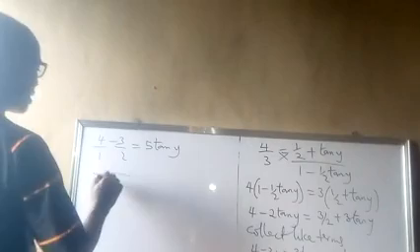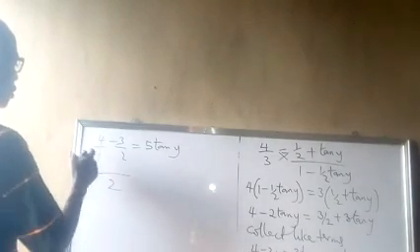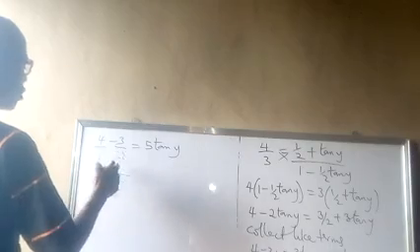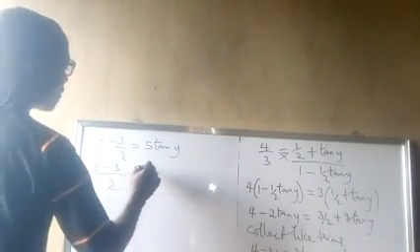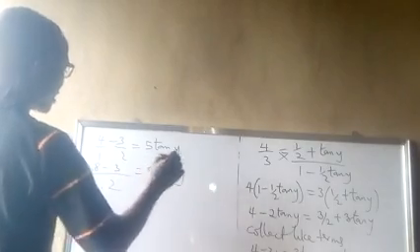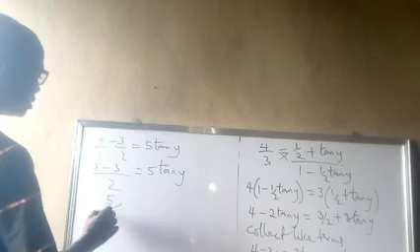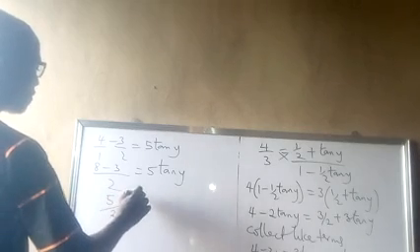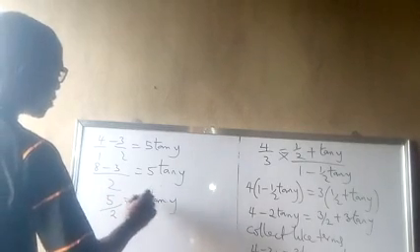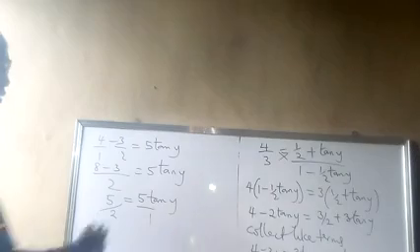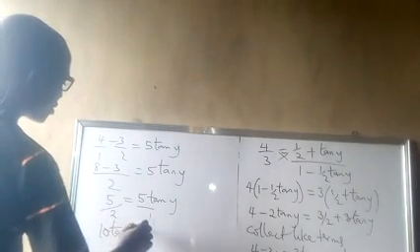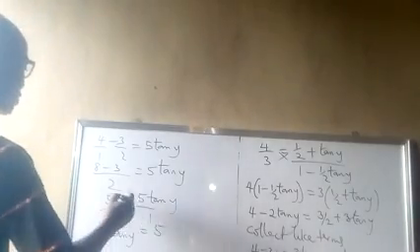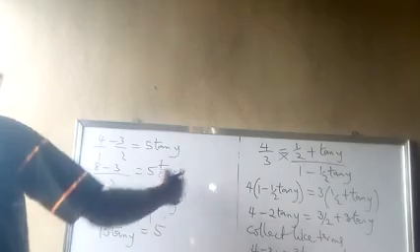The LCM here is 2. 2 times 4 is 8, minus 3. So 5 over 2 is equal to 5 tan y. We cross multiply, so that is 10 tan y is equal to 5.